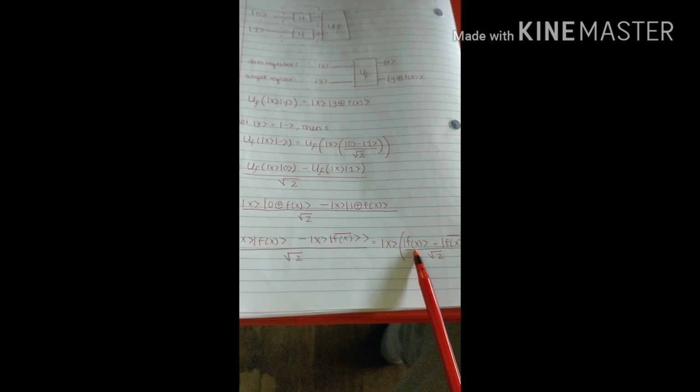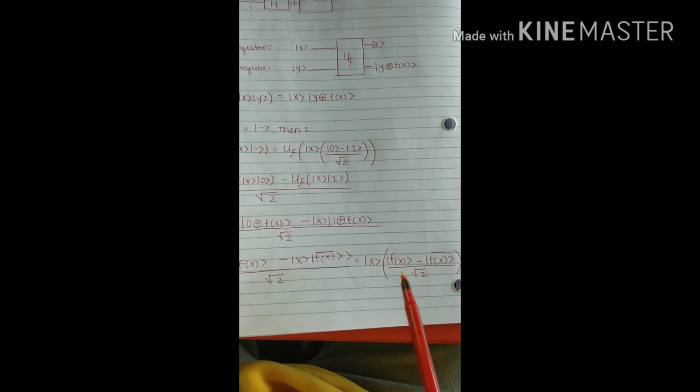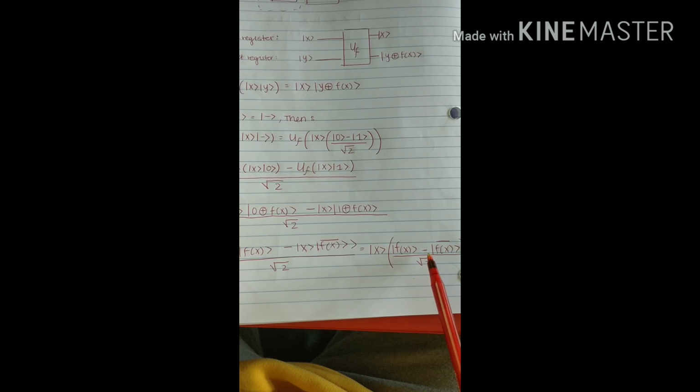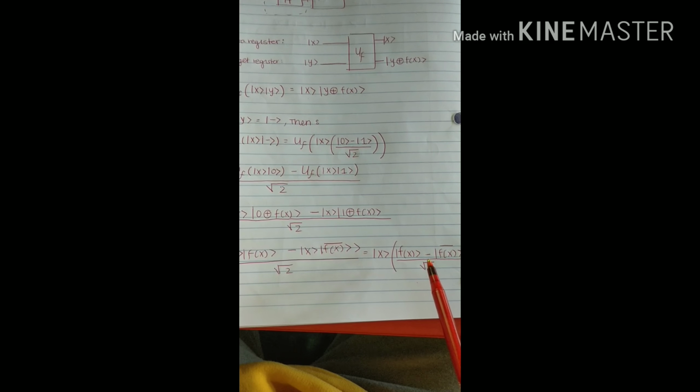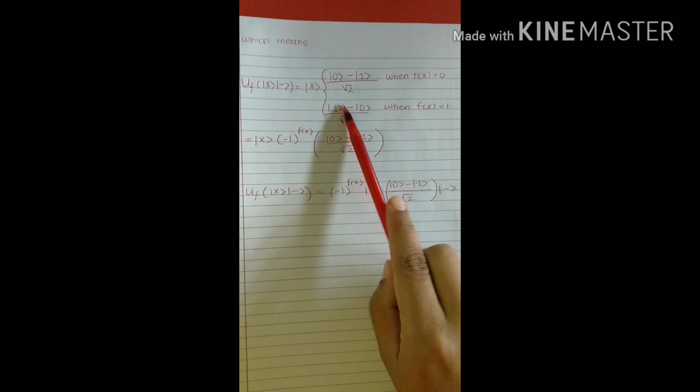Well, in the case that f of x is equal to 0, this becomes the 0 minus 1 over root 2. And we know that 0 minus 1 over root 2 is the minus, right? And if f of x is 1, then you have 1 minus 0. And that looks like this, right here.